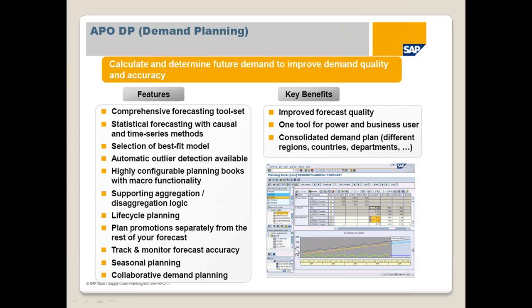Any kind of data you can see in a single screen. That is the way SAP developed this tool. Or any combination of data: a salesperson wants to see product level and particular customer level information, a brand manager wants to access brand and regional level data, and the CEO wants to see globally how much I am going to sell. Any level of data you can see in a single screen. In a single click you can get all information, and you can see the data in table form and in graphical form.